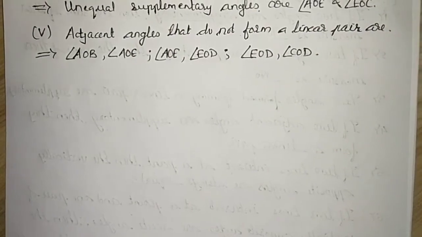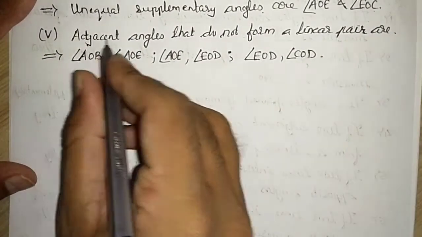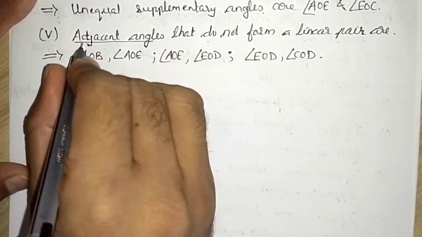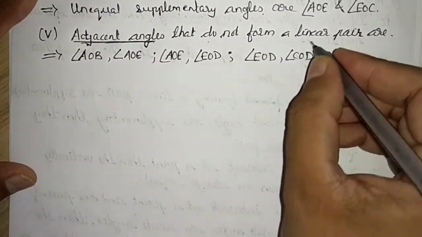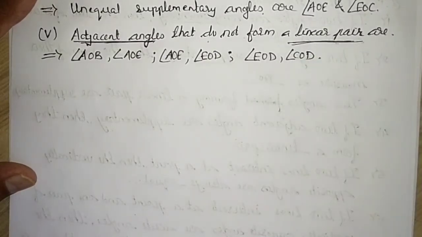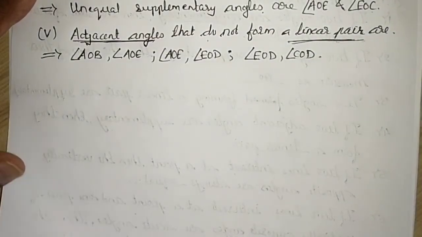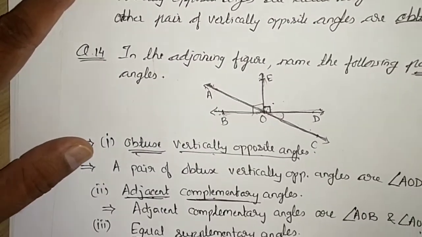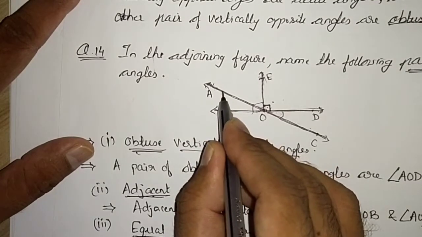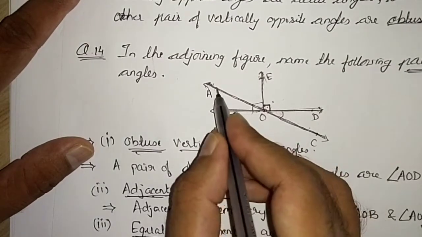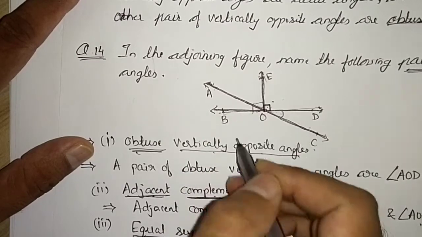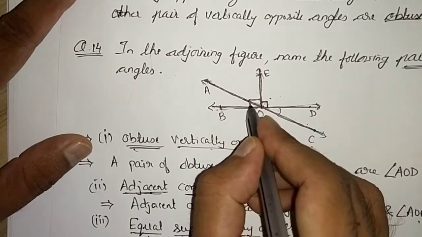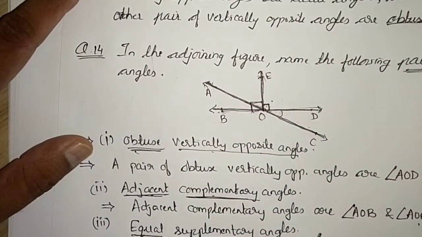Last part of this question: adjacent angles that do not form a linear pair. We have to give such adjacent angles which are not forming a linear pair. That means they are not forming 180 degree. One, I will take AOB and AOE. They are adjacent angles, and if you total them, it will only be 90 degree. It is not a linear pair.